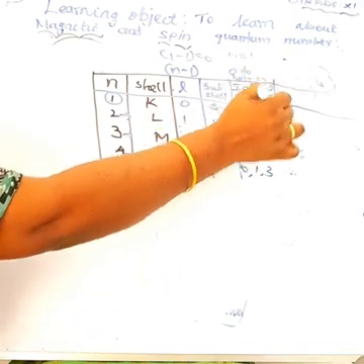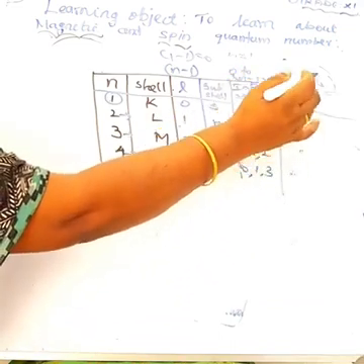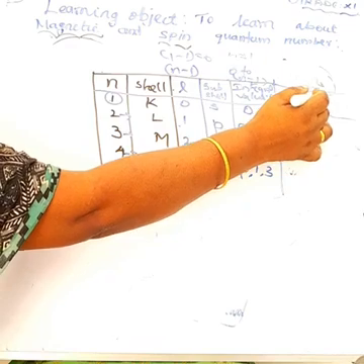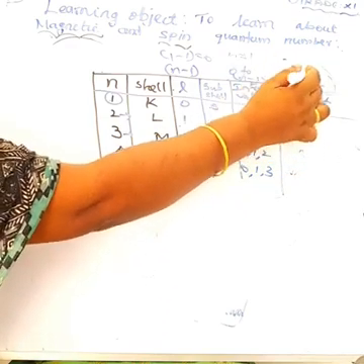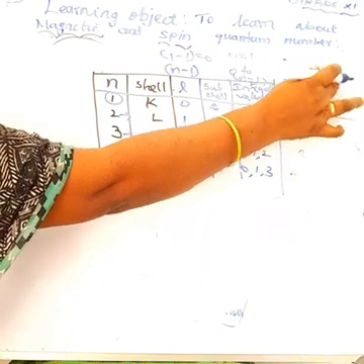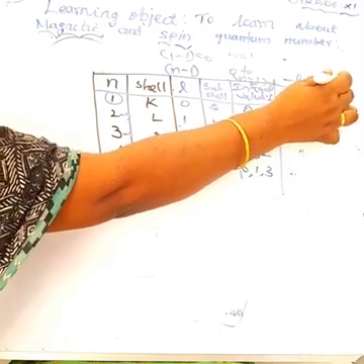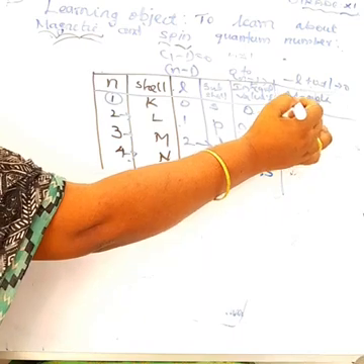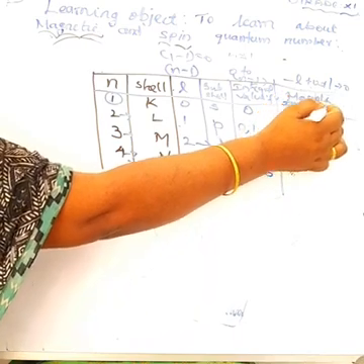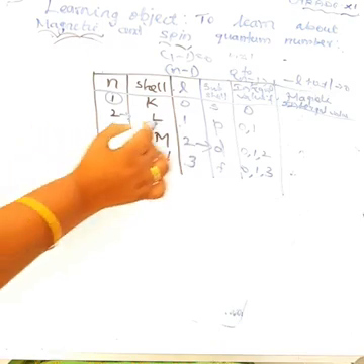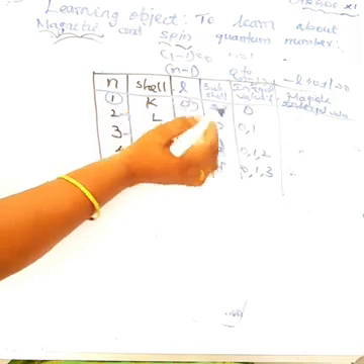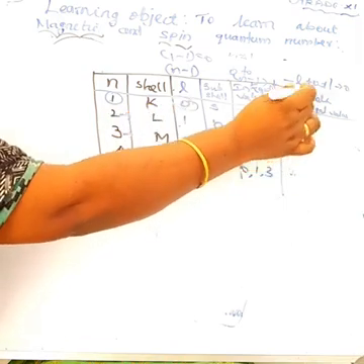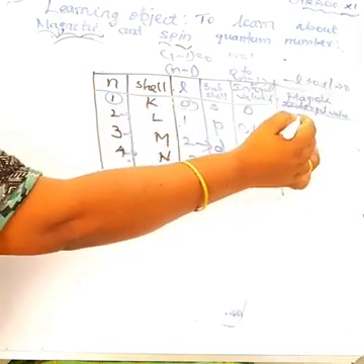What about the magnetic quantum number? The magnetic quantum number ranges from minus l to plus l through 0. When l is equal to 0, it is 0.